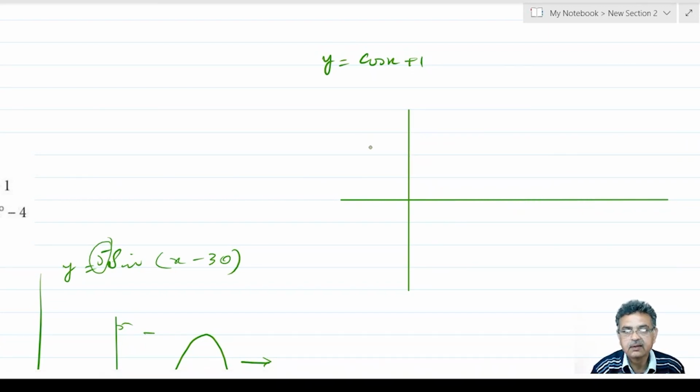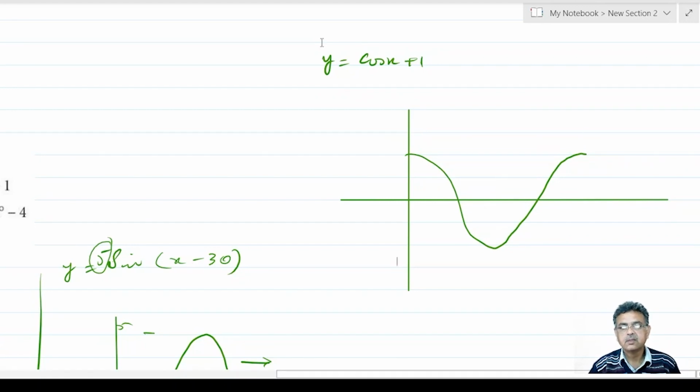Let me draw it again. You have to move the graph 1 unit upwards. This is at 1, this is minus 1. Instead of moving the graph 1 unit upward, we can move this line 1 unit down.